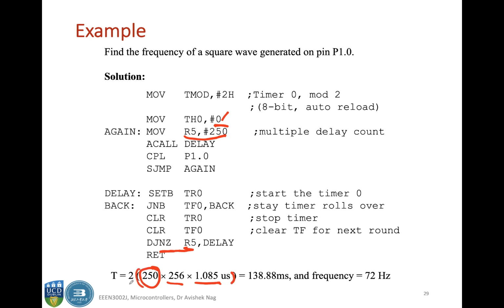The total delay times 2 is your total time period, and that is 138.88 milliseconds. Therefore the frequency is 1 over this number, and that gives you 72 hertz.